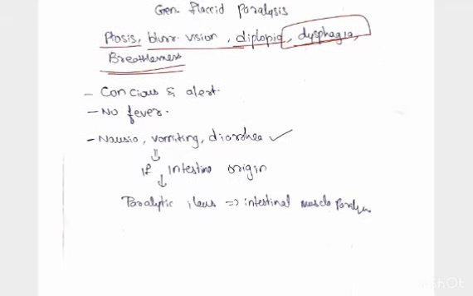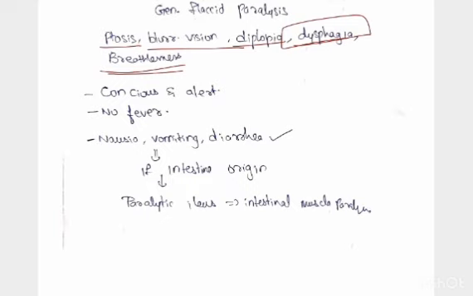Now, if a person has ingested the bacteria or a toxin inside the gastrointestinal tract, that is, the ingested bacteria release the toxin, then the origin is intestinal.